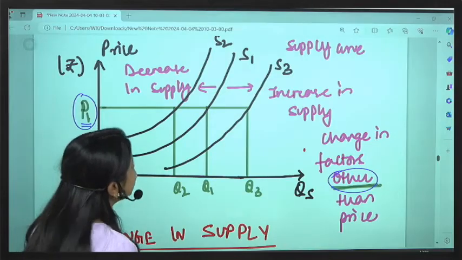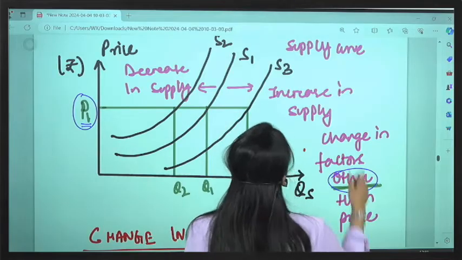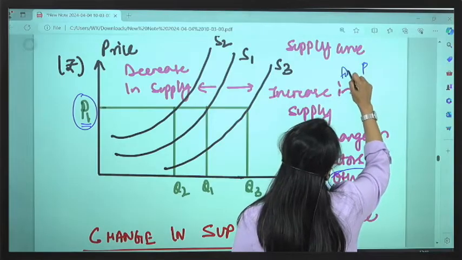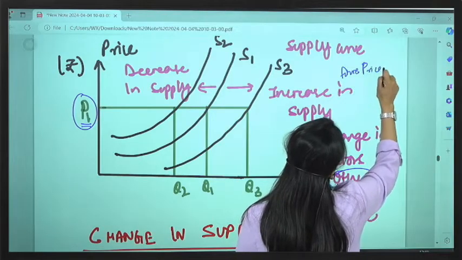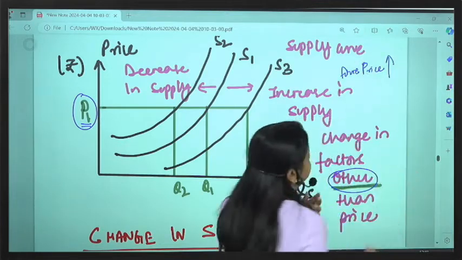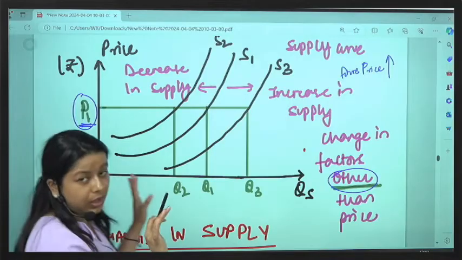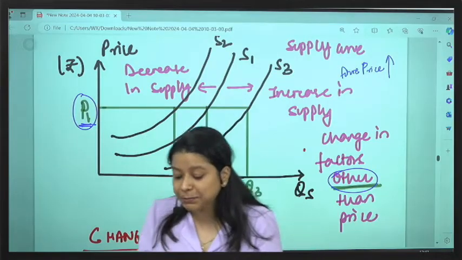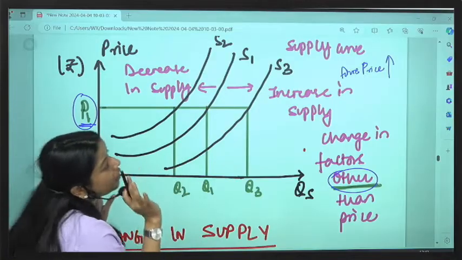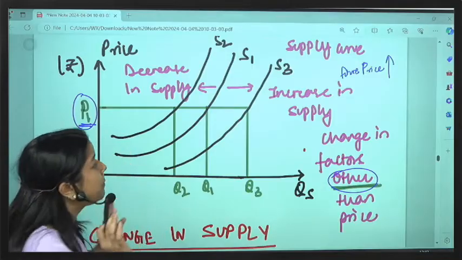Now, I am expecting that the future price will increase.